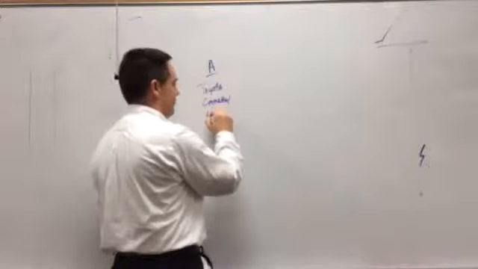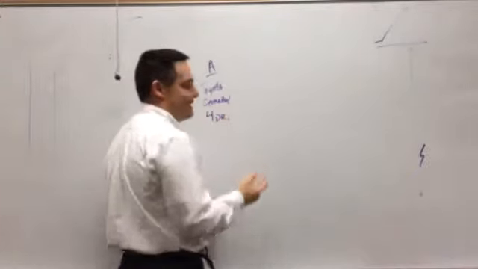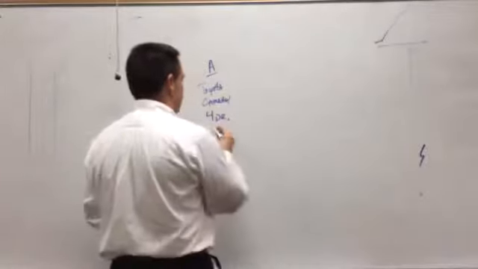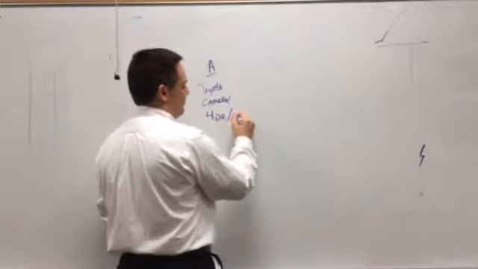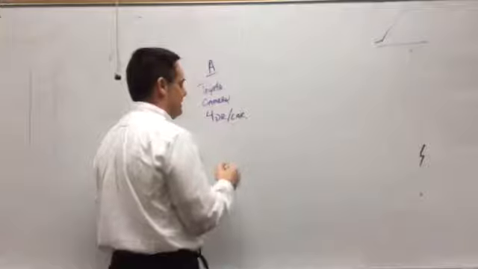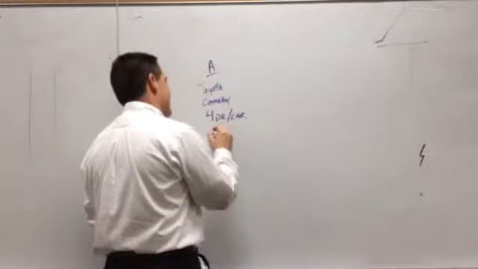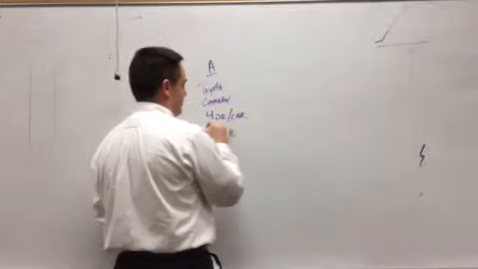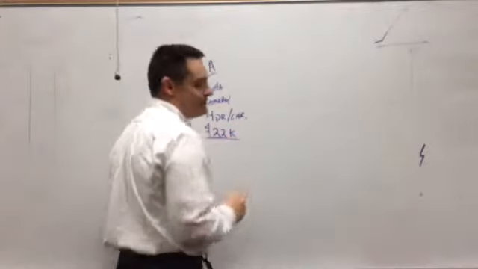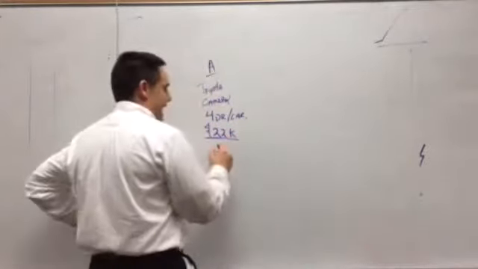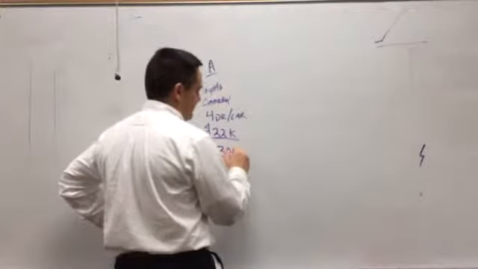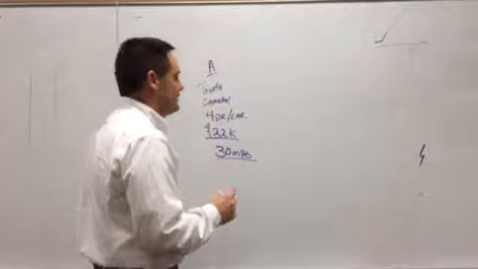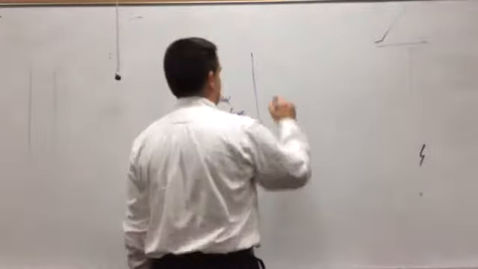It's a simple four-door, pretty simple, reliable car, nothing fancy. They cost about $22,000 new, and they get approximately 30 miles per gallon as far as gas goes. All right, so that's option number A, the Toyota Camry.